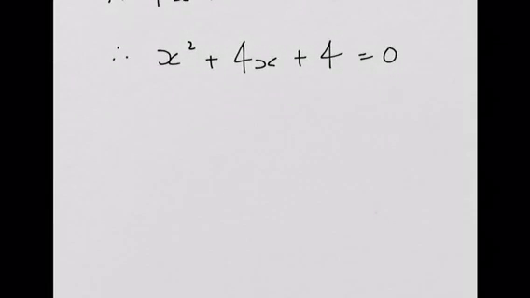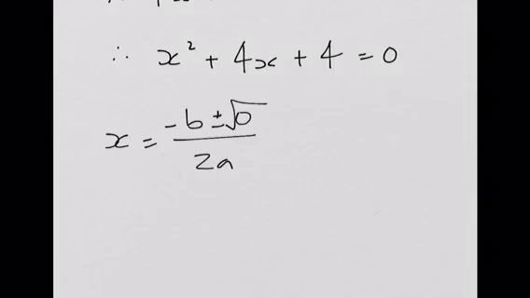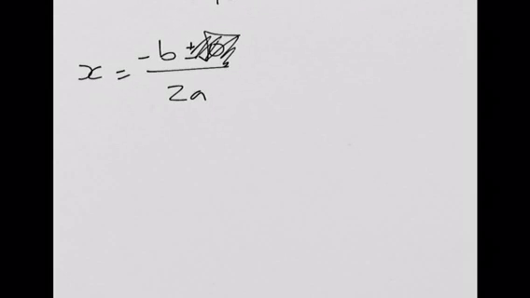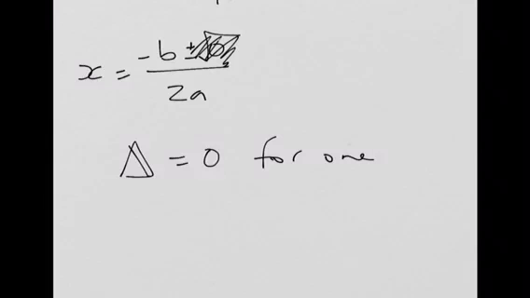If we show that there is only one root, then in the quadratic formula we have x equals negative b plus or minus the square root of 0 over 2a, and because the square root of 0 is 0, you end up with that one x solution. So we want our discriminant to be equal to 0 for one root.